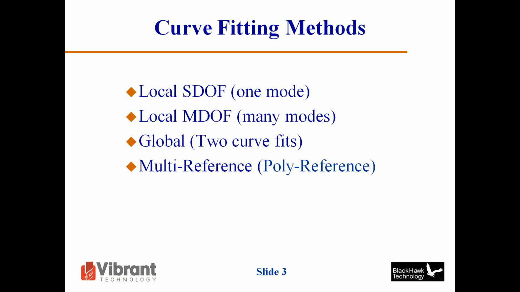Multi-reference or polyreference curve fitting, what we're going to talk about today, uses multiple references of data. I'm going to explain that here in a minute. It is useful when we have a situation, or we think we have a situation of closely coupled modes.